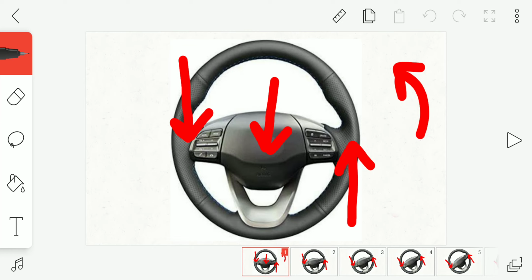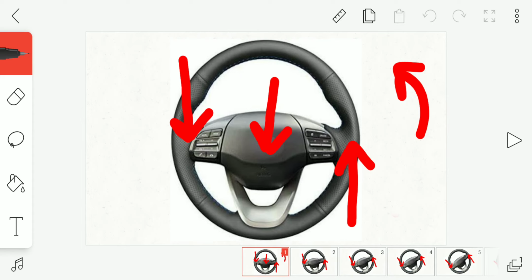Here in this second example, this is nothing but the application of couple. A couple is the rotational effect or turning effect created by two parallel and opposite forces with equal magnitudes which are not sharing a single line of action.